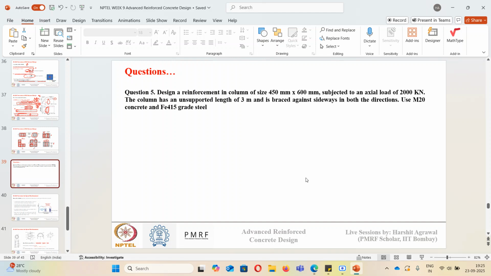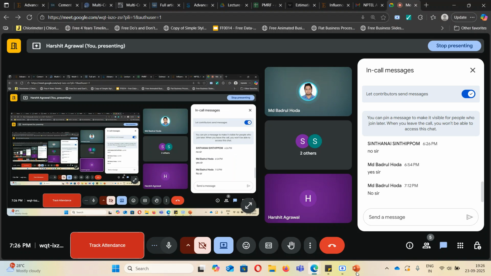If the eccentricity is more than the limit of 0.05 times d, then we need to design it as an eccentric column. So that check also you need to do. Once you have done both these checks, then we'll design the column using the equation 0.4 fck Ac plus 0.67 fy Asc. Okay, clear? Yes, yes, sir.